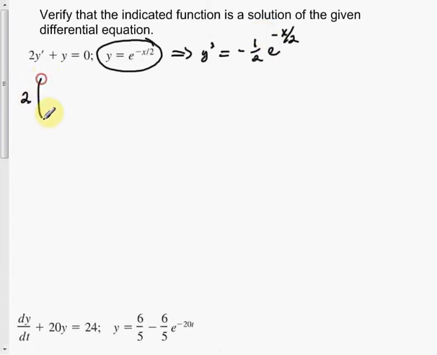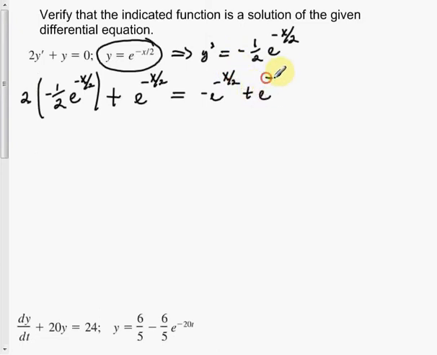So we have 2 times negative 1/2 times e to the negative x over 2 plus y. Y is given to be e to the negative x over 2. Just keep on working that out. So we simplify. We get negative e to the negative x over 2 plus e to the negative x over 2. And indeed, that's 0.